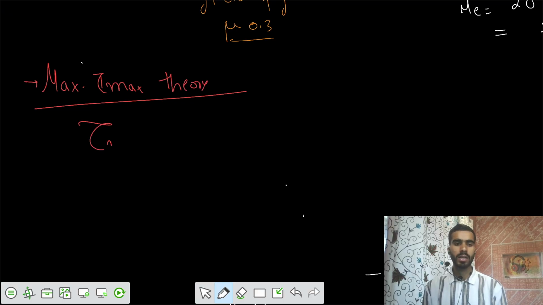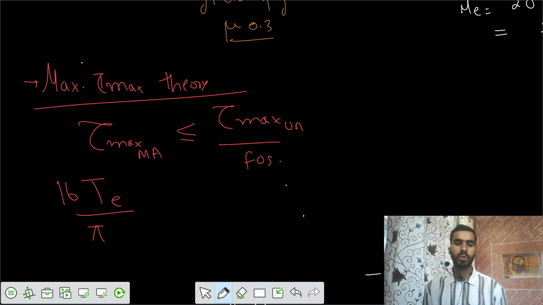I would say tau max in the multi-axial loading should be less than or equal to tau max in the uniaxial loading divided by factor of safety. Tau max in the multi-axial loading would be 16 Te by pi d cube, and that should be less than or equal to Fy by 2 into factor of safety.